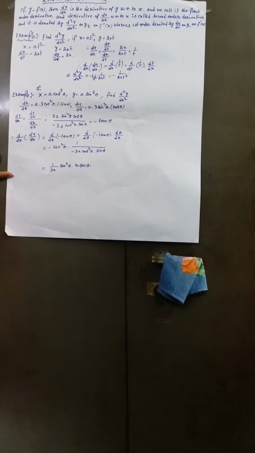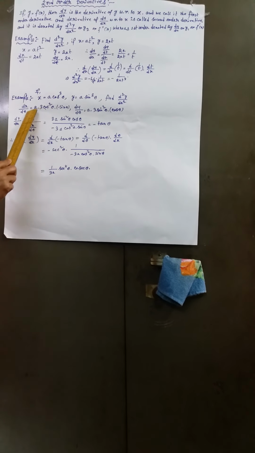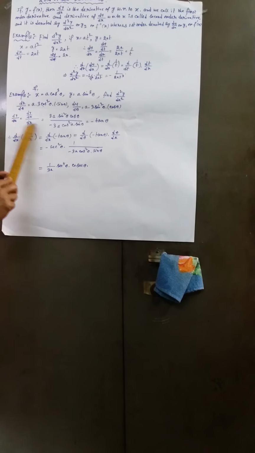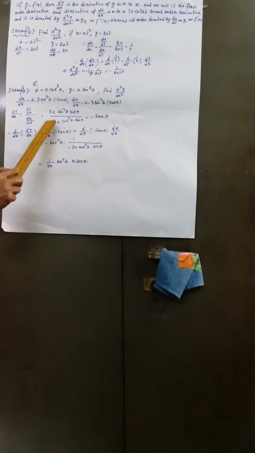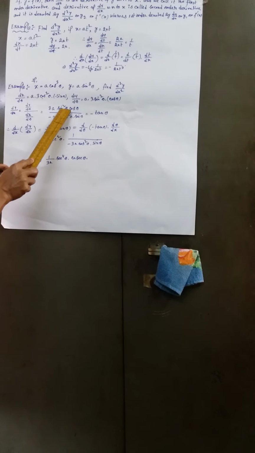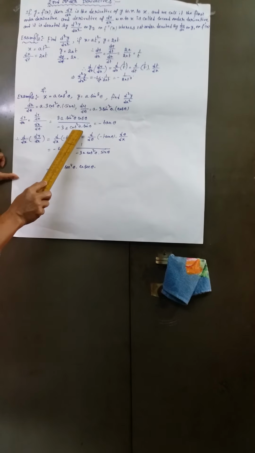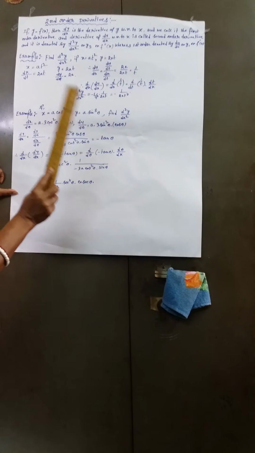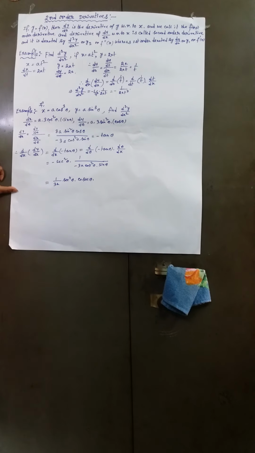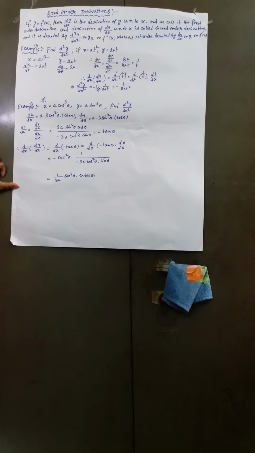Now dy/dx equal to dy/d theta by dx/d theta. Then dy/dx equal to what? Thrice a sin square theta cos theta by minus thrice a cos square theta sin theta, that is equal to, after calculating, we get minus tan theta.